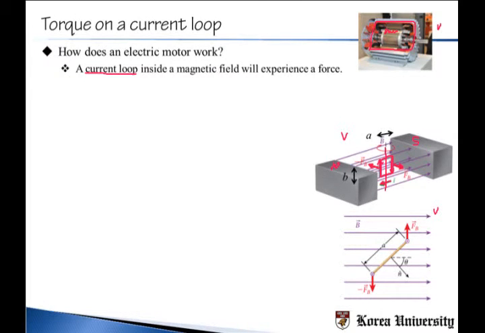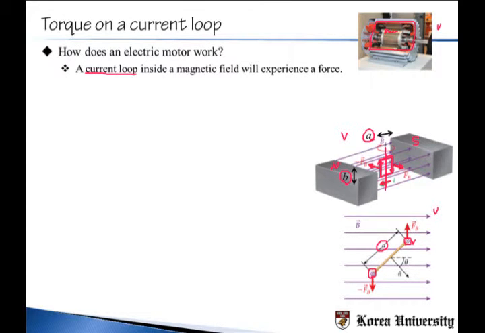One thing I forgot to mention: the size of this loop. This loop has a length A on top and bottom, and on the two sides the length of this edge is B. So you are looking at it from above. Looking down, this is a length A, and on this part, this length is going into the screen. The length of that edge going into the screen will be B, and then you can see the current is coming out here and going in here, and then there are two opposite magnetic forces.